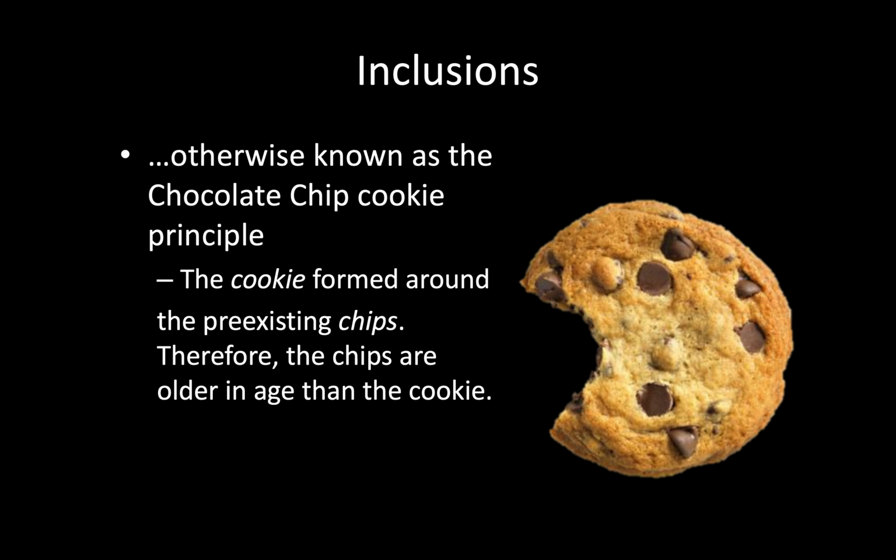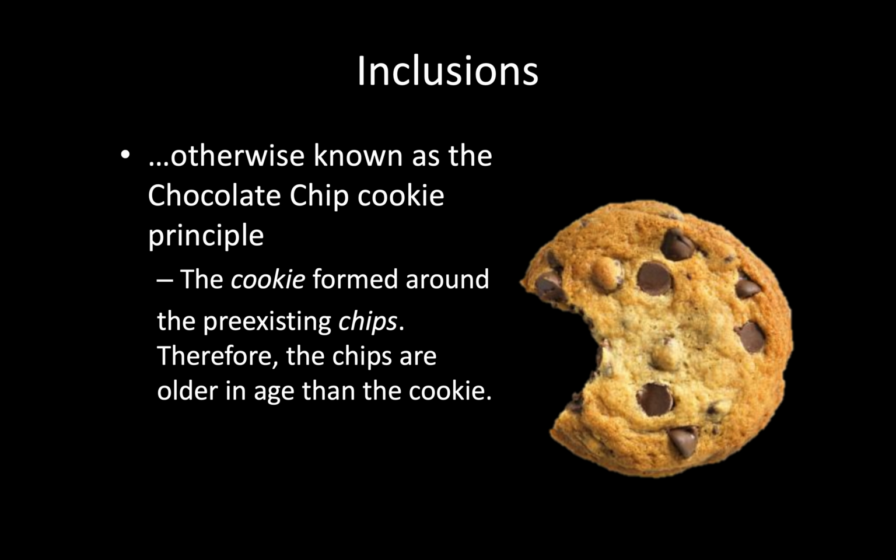But that concept might be a little confusing. So let's bring this back to something we like a little bit more than geology, cookies. All right, I'm assuming. This idea says that the cookie is younger than the chocolate chip. So let's go to the store. We're going to buy stuff to make chocolate chip cookies. So we buy flour, we buy sugar, eggs, butter, and we buy a bag of chocolate chips.